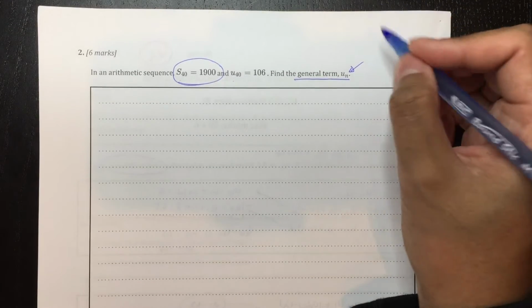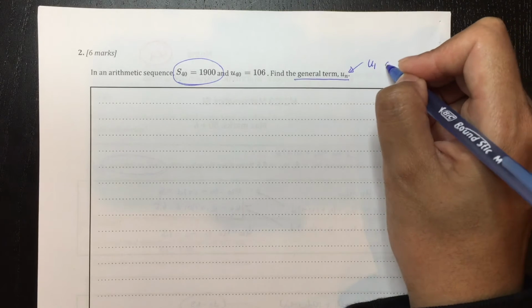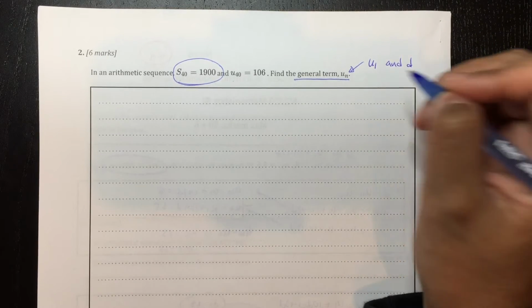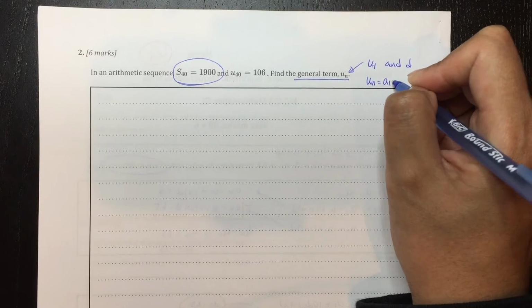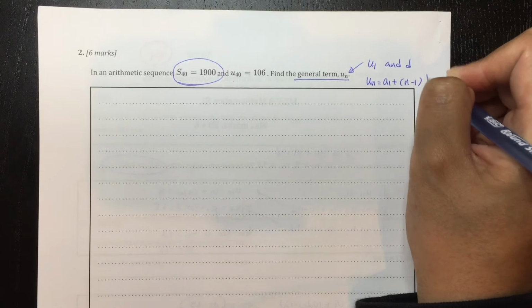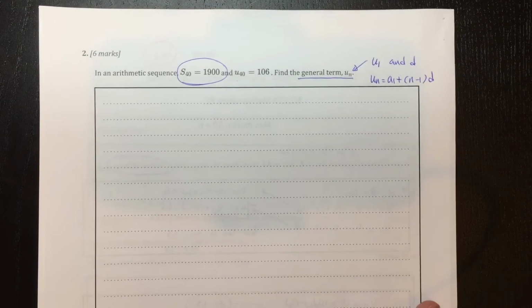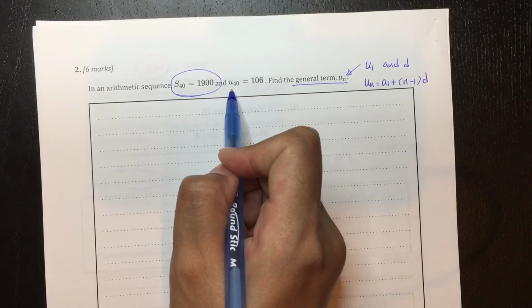So we want to find the U1 and D values to create the Un equals U1 plus n minus 1 D equation. The given information is S40 and U40.